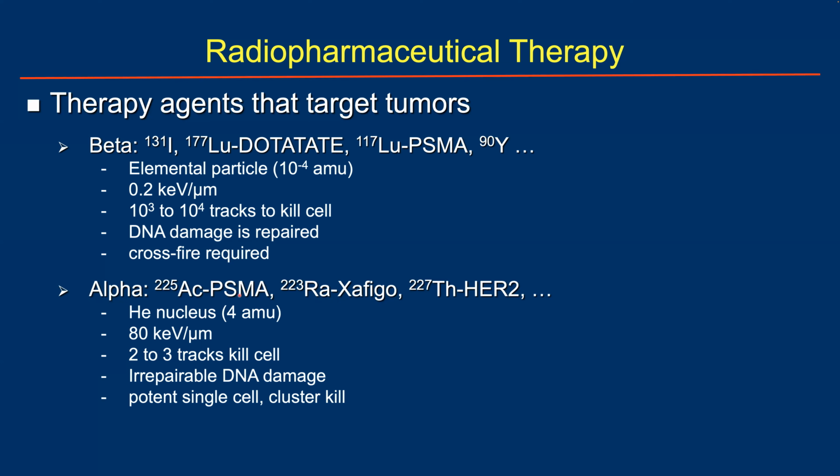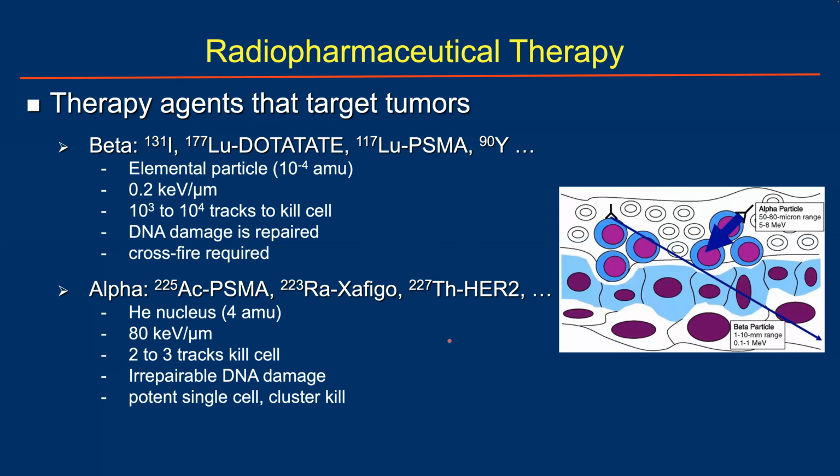Those radionuclides emit alpha particles, which are helium nuclei, very heavy, and have very high linear energy transfer, so it only needs 2 or 3 particles to kill a cancer cell, which can cause double-strand breaks, which are irreparable DNA damage. So it's very effective when you treat cancers.